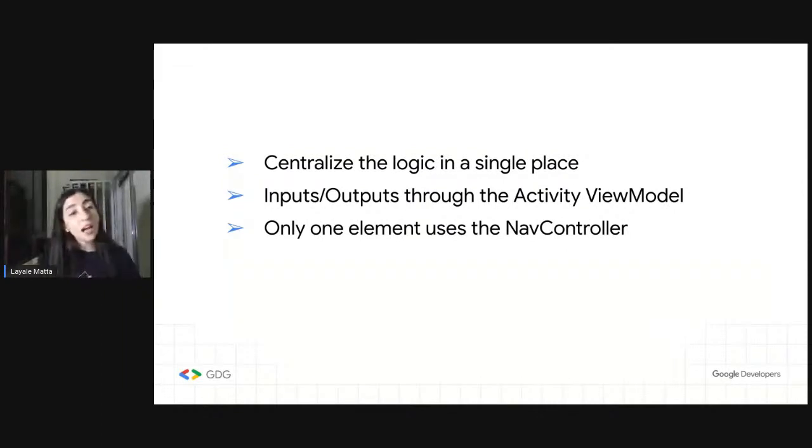The inputs and outputs should be handled through the activity view model because we decided to use the Google standard way of using MVVM architecture. And finally, only one element will be using the nav controller in order to make the code cleaner and ready to be maintained in the future.